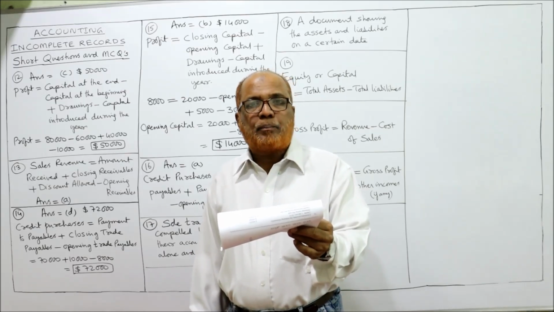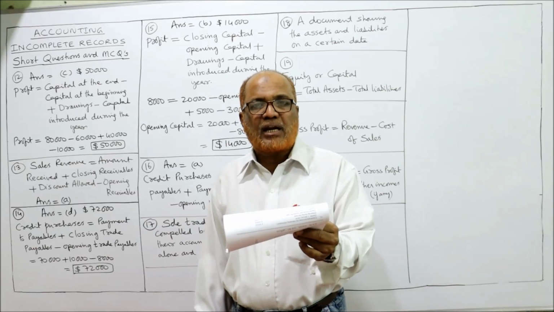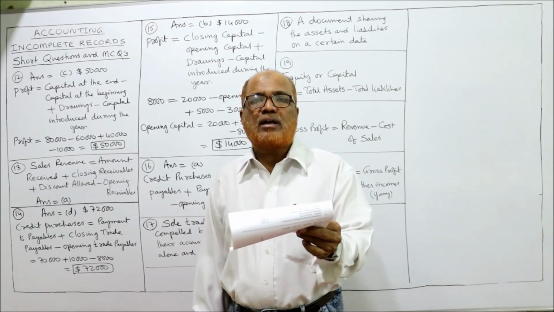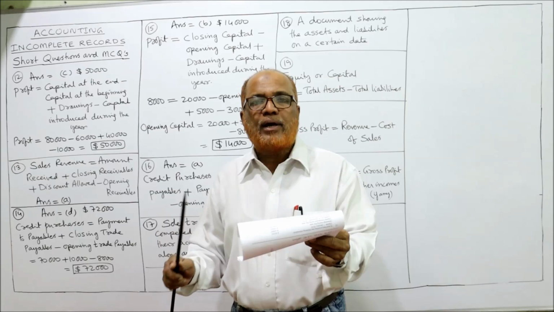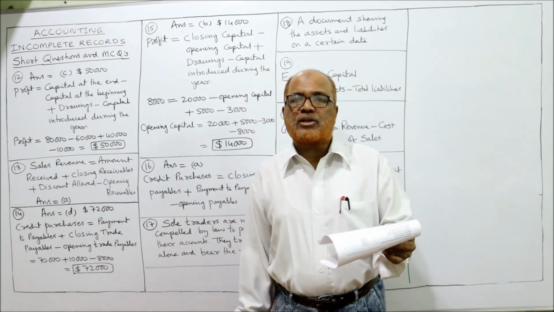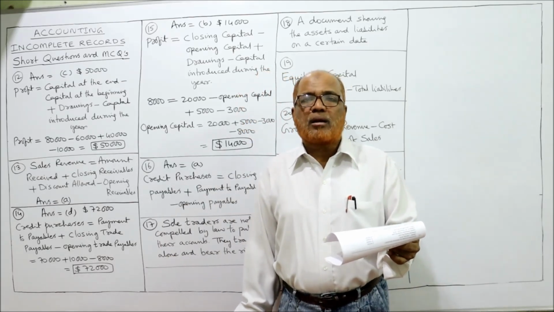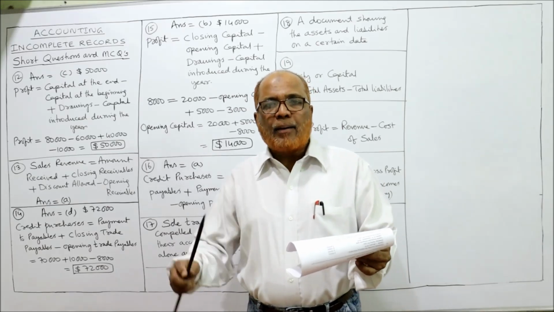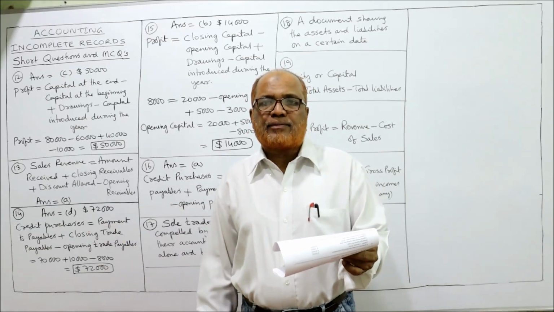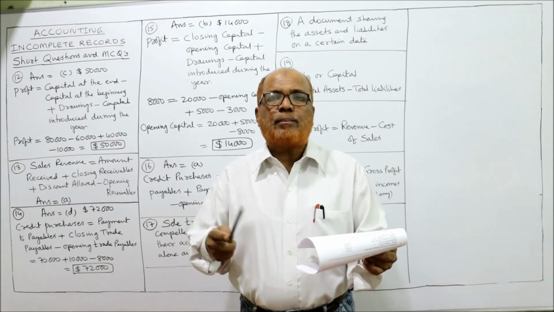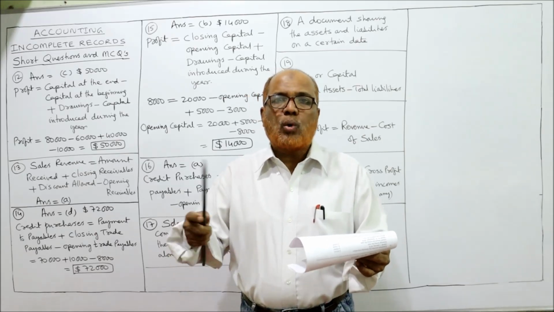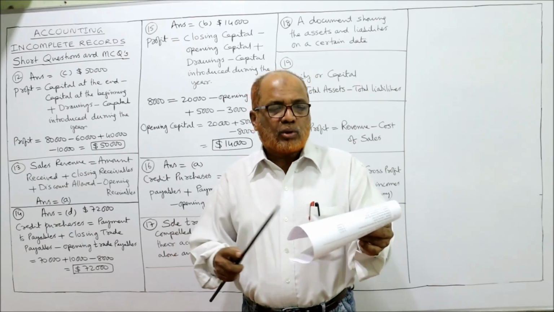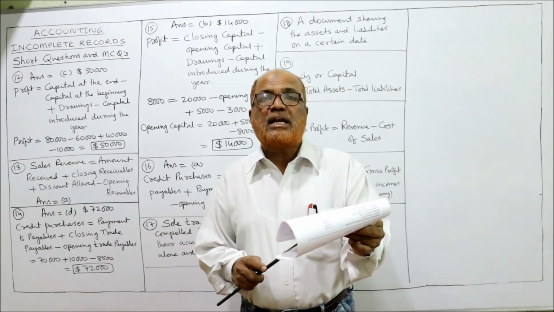What were the credit purchases for the year ended 31st March 2017? First time we are going to find out the credit purchases. Again, remember the formula: amount paid to payables plus closing payables minus opening payables. That's it. The answer for the 14th problem is D.